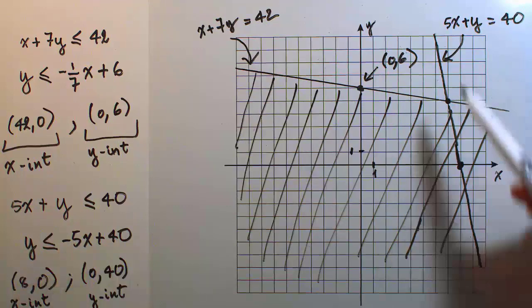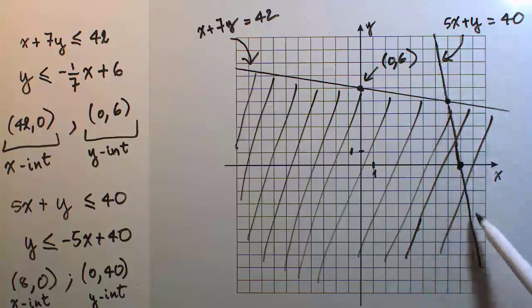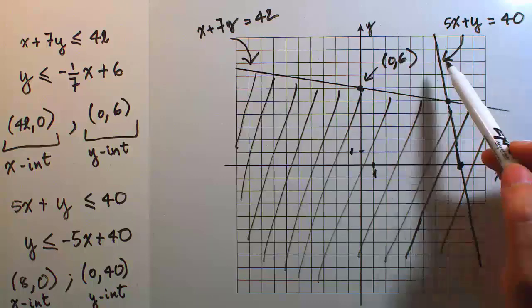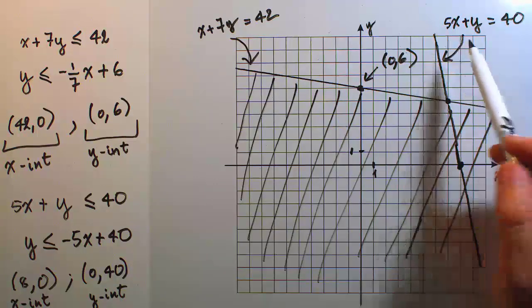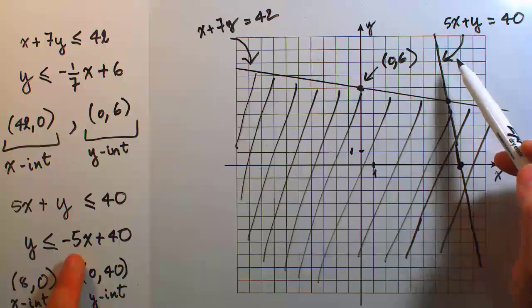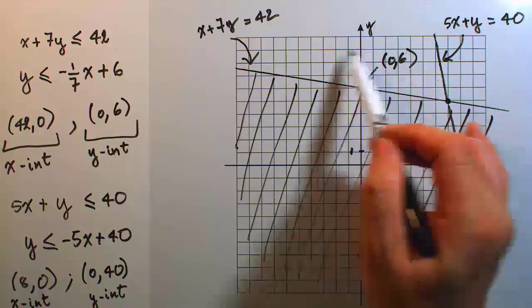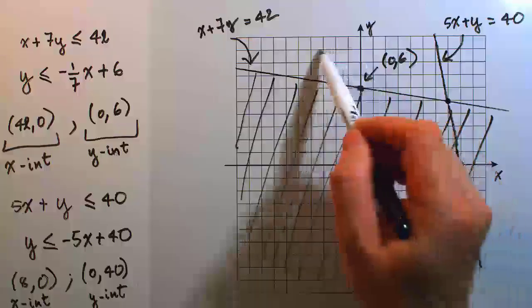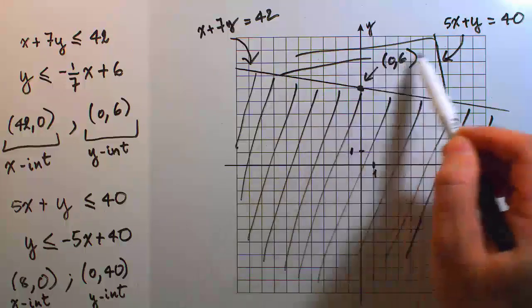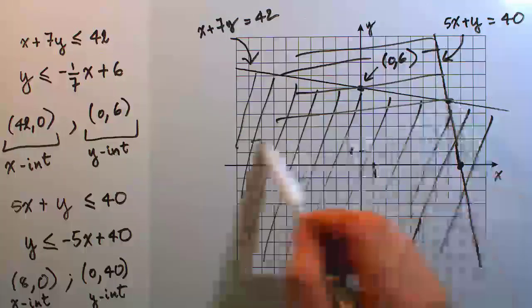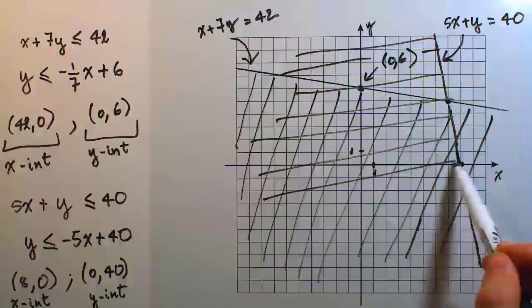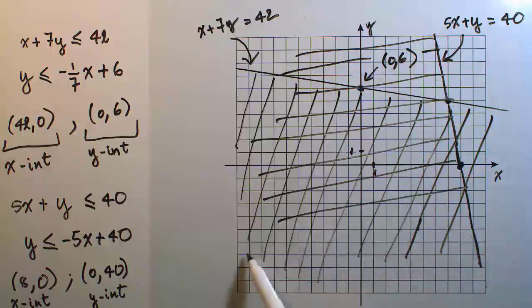So the line here is y equals minus 5x plus 40, but we need y also to be less than the expression minus 5x plus 40. So here I'm going to be shading in a different direction, horizontally like this. And so now anyone viewing this video is going to start seeing some double shading between the two regions already.